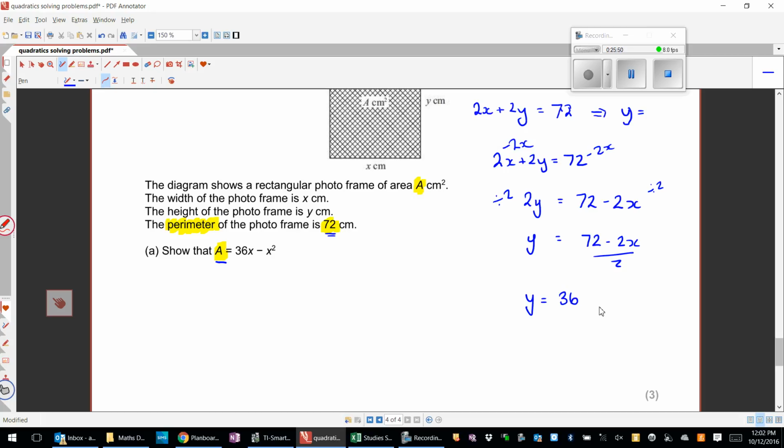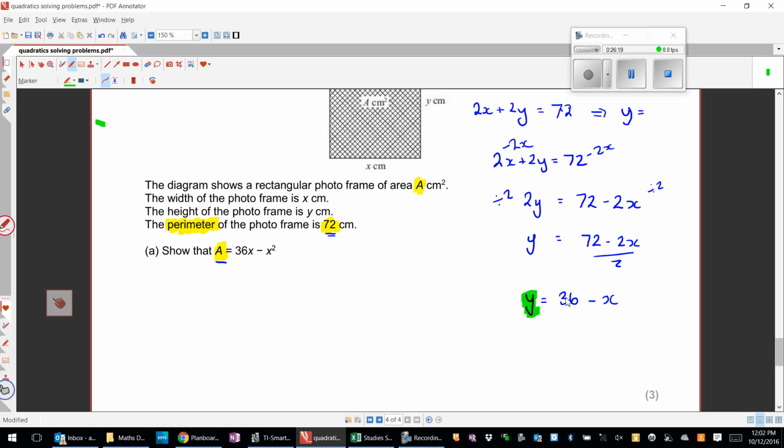So we're not quite there, but we're definitely getting closer. Now here's the substitution thing. Where did 36 come from? Because 72 divided by 2. So we've got y equals this.